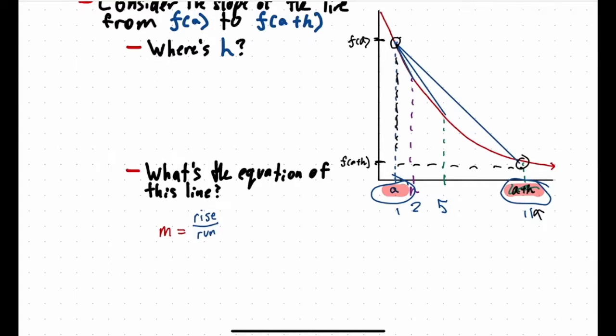So this is equal to f of a minus f of a plus h, right? It's that first point minus that second point. And then this is over the run, right? So the run is this first one minus the second one, right?